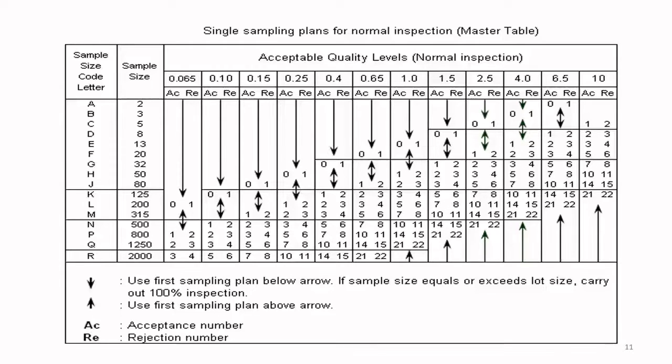As we are moving from left to right, you can see that if you have an AQL of 0.065 and you are taking out, let's say, 80 samples, then in 80 samples, if there are no defects, it will be accepted, and if there is one defect, it will be rejected when the AQL is 0.065.